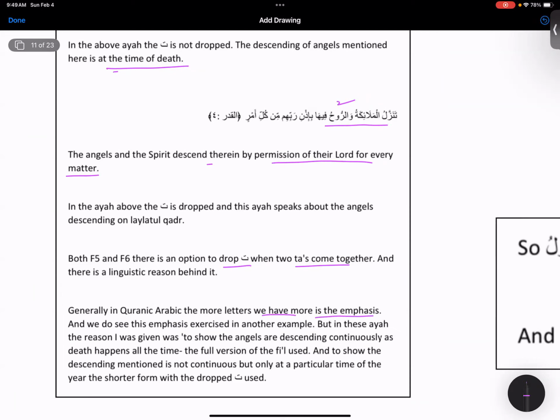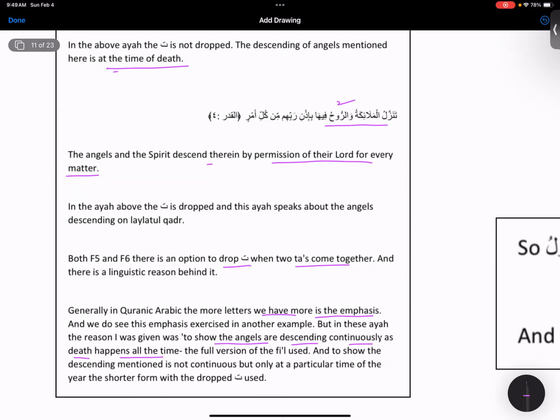Do we see the emphasis exercised in another example? In this ayah, the reason I was given was to show the angels are descending continuously as death happens all the time, right? Death happens every minute in the whole world. Subhanallah.